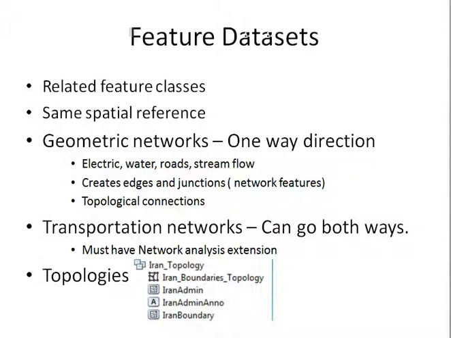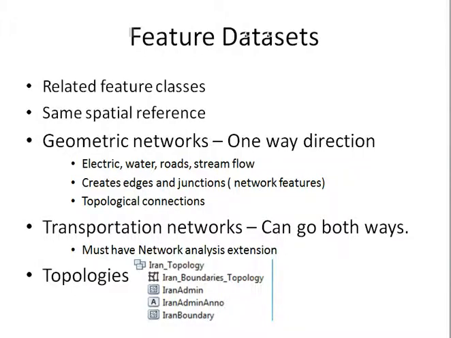And networks are created with things called edges and junctions. So the line work would be the edge, and the connections would be the junctions. And in setting up those topologies, your junctions have to actually connect to each other. You can't have gaps or overlaps when you do your geometric networks.